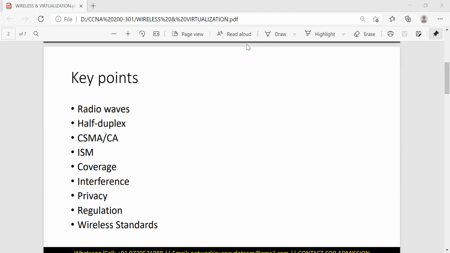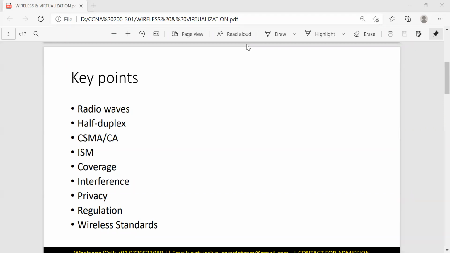But these days, since we are so used to wireless, even in public places we can easily connect to the internet with wireless devices. So on what principle these devices work and what kind of issues we are concerned with in wireless, we are going to discuss in this class.